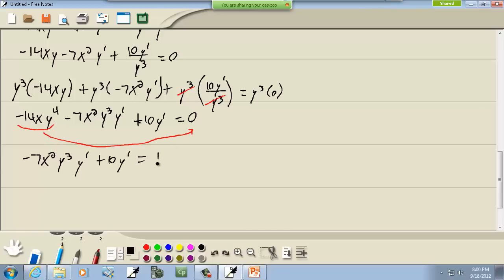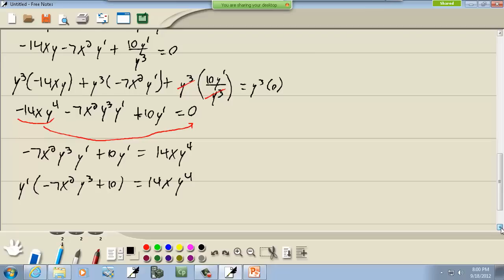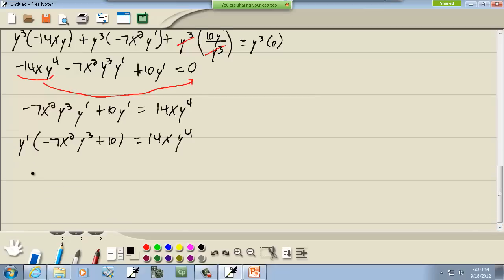So I'm going to take that over. It becomes a positive 14x y to the fourth. And I'll focus now. Well, we want to factor out a y prime. And that gives us negative 7x squared y to the third plus 10 equals 14x y to the fourth. Well, I want to divide both sides by what's behind our y prime. So we'll divide both sides by negative 7x squared y to the third plus 10.